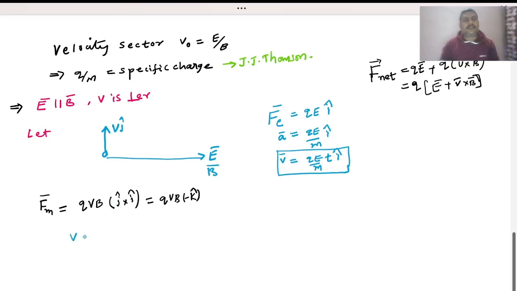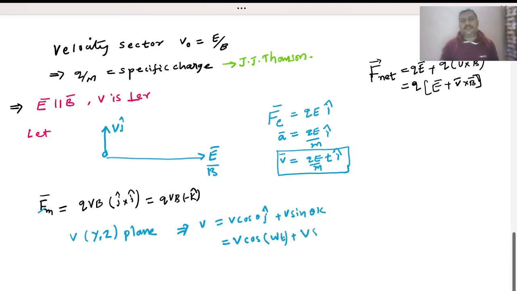So a helical path means that in a plane, the velocity will be in the YZ plane, because the field is along I cap, the motion is in the YZ plane. Now the velocity of this particle due to the magnetic force, I can write as V cos theta J cap plus V sin theta K cap. Here theta will be omega t after some time.